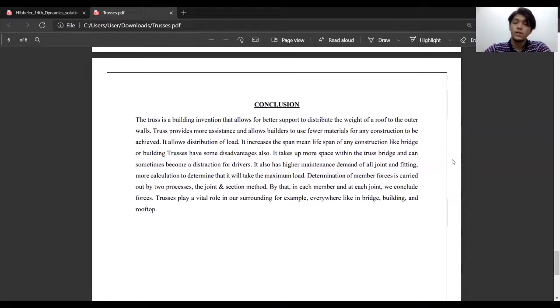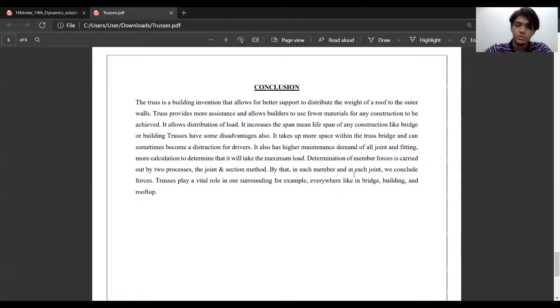So there are two processes to determine the member forces: the joint method and the section method. These two methods can be used to determine the force of each member.